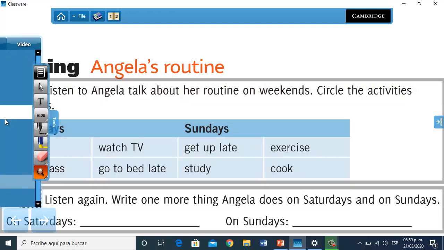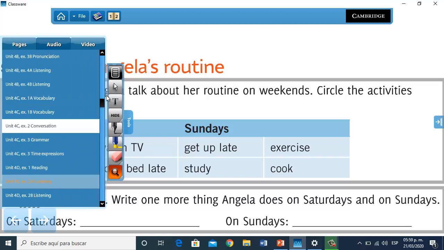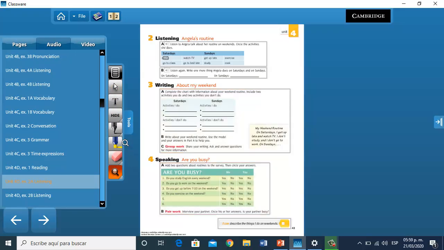Okay, now you can pause it and replay it as many times as you like. For now, I want you to please do as a last activity the video activity sheets of Unit 4 that are on pages T179 and T180 of your English book.